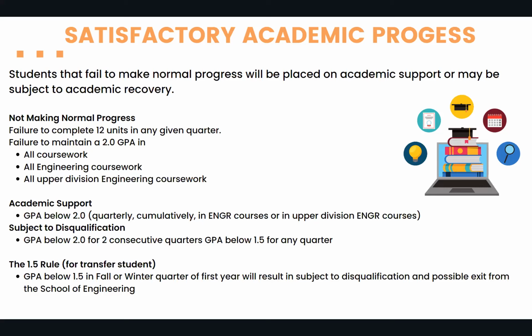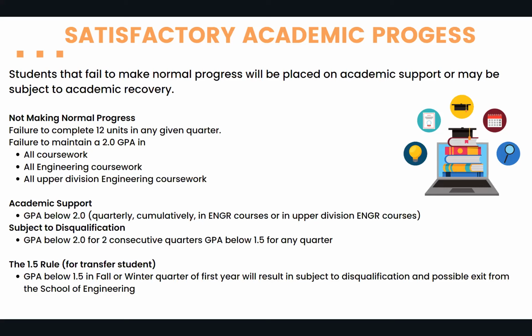If your GPA is below a 1.5, that is a little bit more serious. So if your GPA is below a 1.5 in fall or winter quarter, you're also going to come in and meet with an advisor, and we're just going to find out what's going on, and hopefully, in addition, give you some resources to get you back on track to completing your degree.